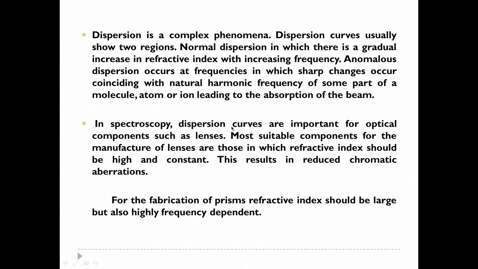So, what are lenses? Lenses are things through which, if you pass an electromagnetic radiation, it will give a parallel beam or a concentrated beam. Whenever we want to measure an atomic or molecular spectrum, what we need is a parallel beam of radiation.